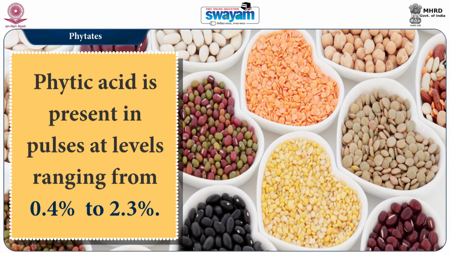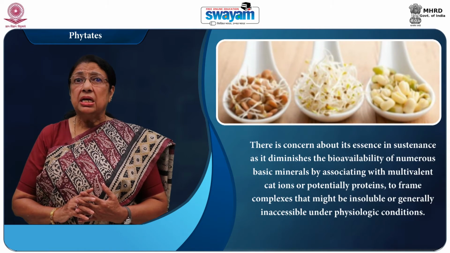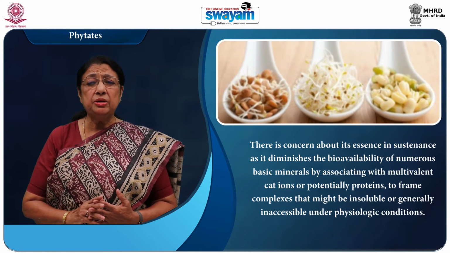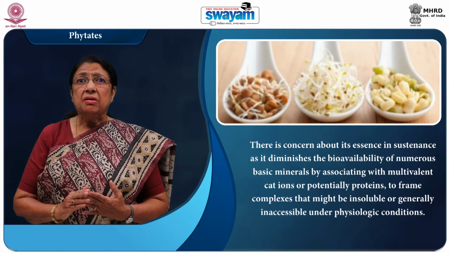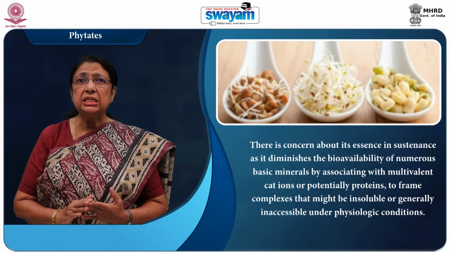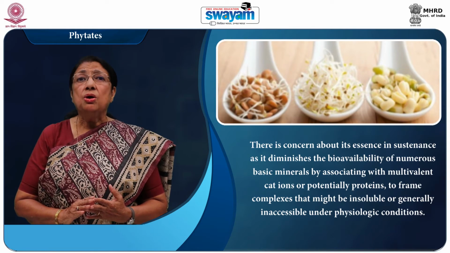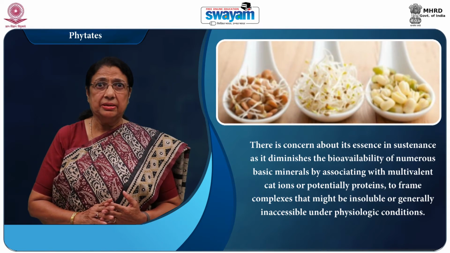Now, phytic acid is present in pulses at levels ranging from 0.4 to 2.3%. There is concern about its presence in sustenance as it diminishes the bioavailability of numerous basic minerals by associating with multivalent cations and/or proteins to form complexes that might be insoluble or generally inaccessible under physiologic conditions.